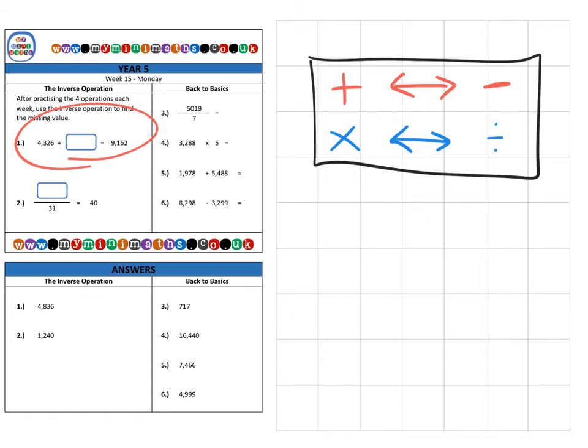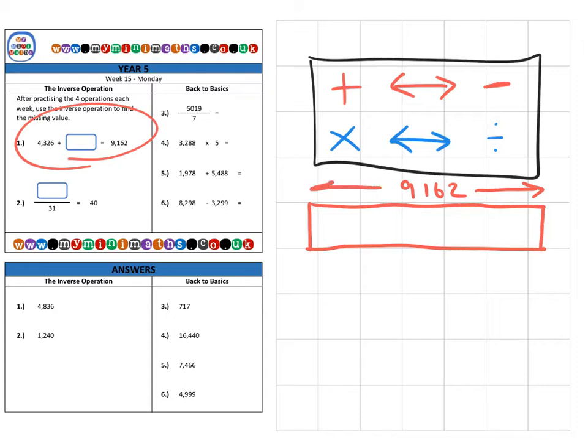So if I take this bar here, and I know that the total value of this bar is 9,162, and I know the first part, or this bar, has been broken up into two separate parts, and I know the first part is worth, or has a value of 4,326. We need to work out what this part is worth here.